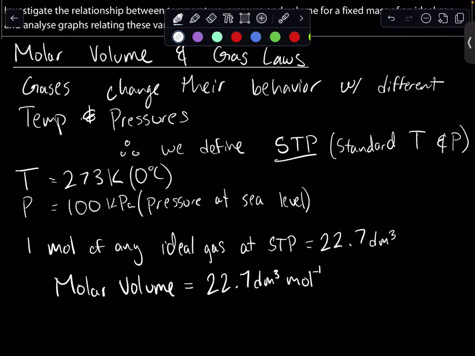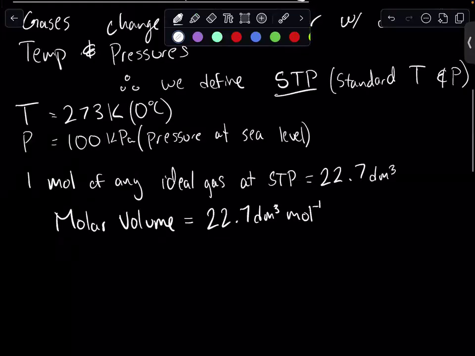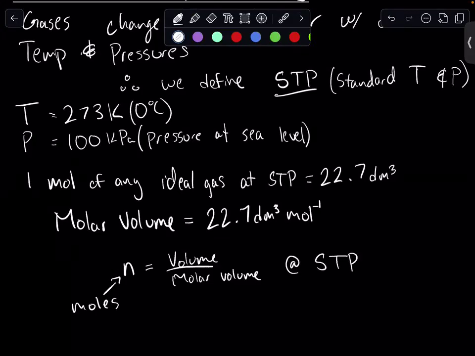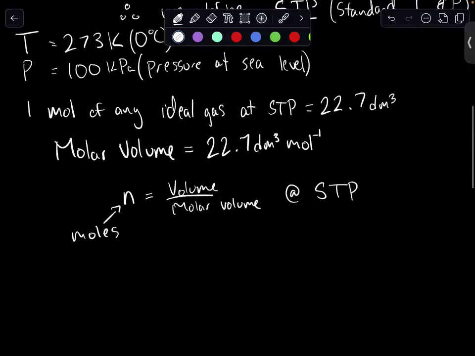So if you have 1 mole of gas, it will take up a container of 22.7 decimeters cubed. We even have an equation that we can use for this. n equals volume over molar volume, n, of course, being our unit for moles. So the moles of a gas can be defined by the volume over the molar volume. And once again, this is at STP. You must be at STP.